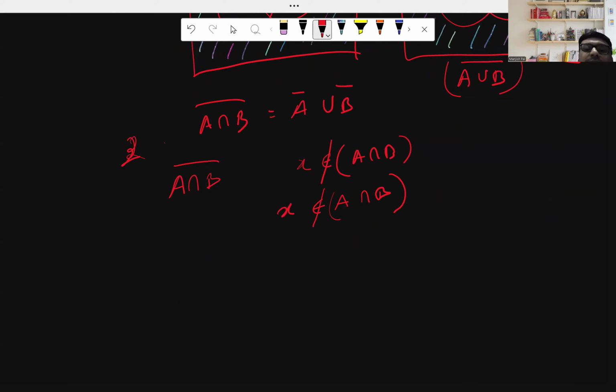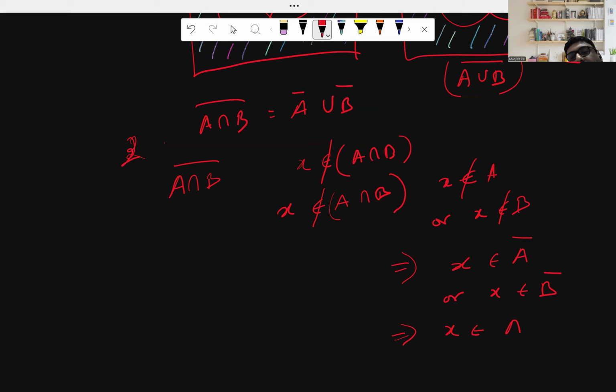The way that X may not belong to A intersection B is that X does not belong to A or X does not belong to B. Then only X will not belong to A intersection B, which implies X is in A bar or X is in B bar, the same as saying X is in A bar union B bar.